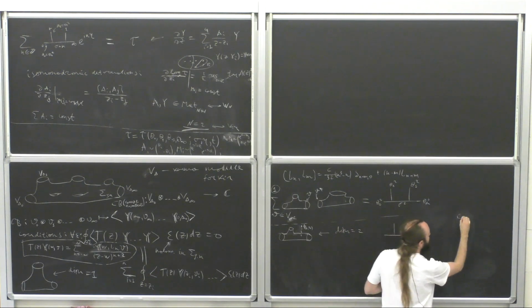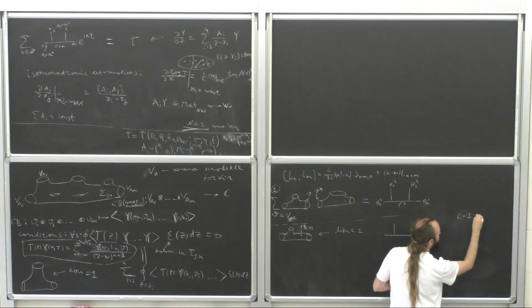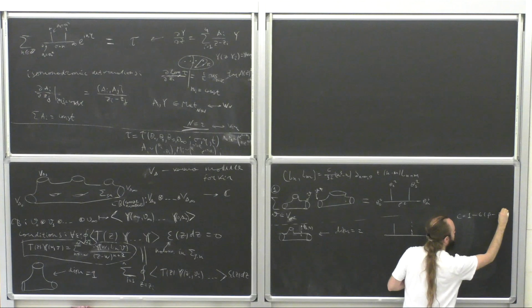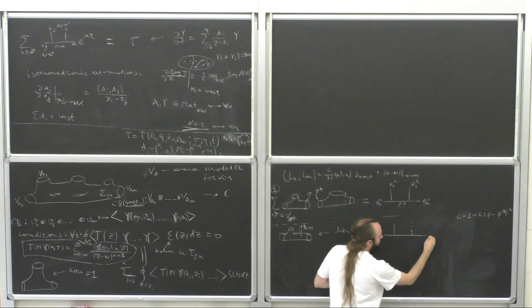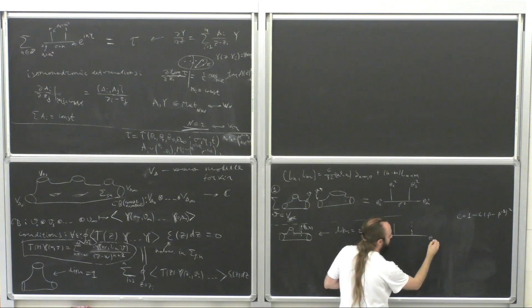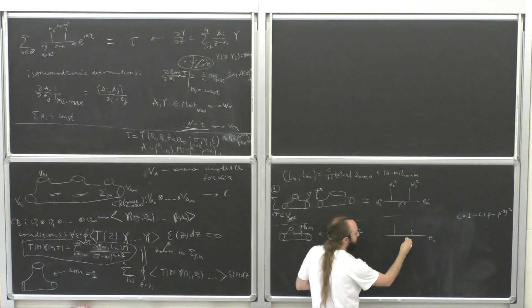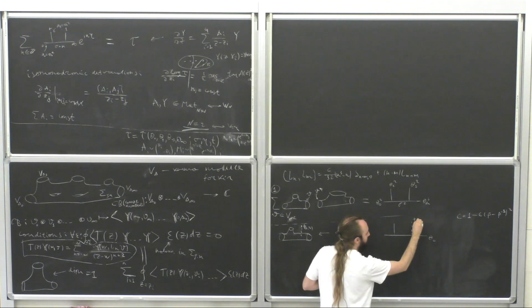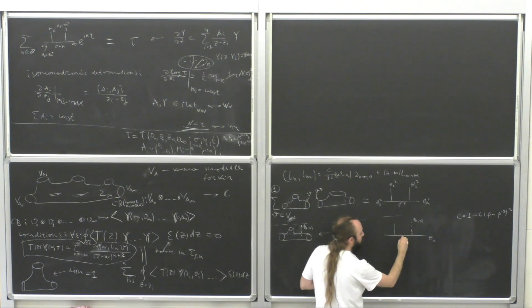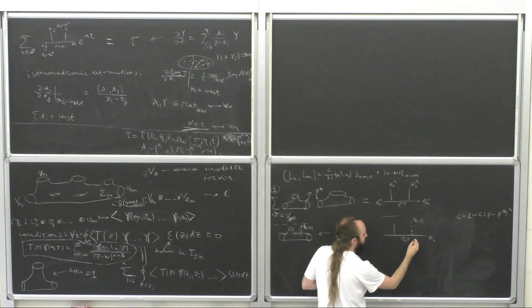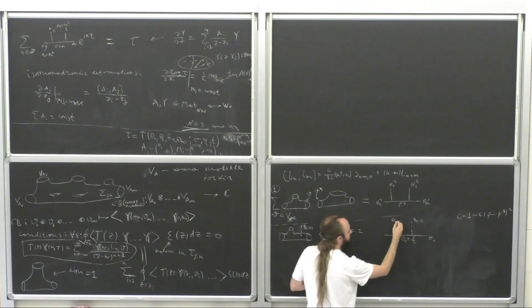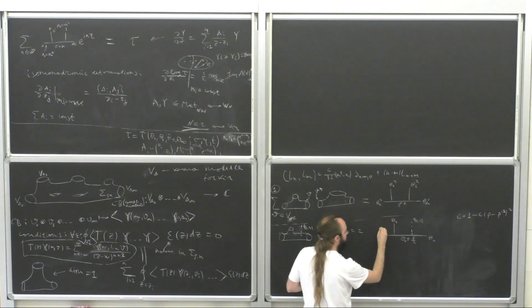So let us introduce some notation for the charge, like this. If we have here some theta 0, then this charge will be theta 0 plus minus beta over 2. This charge will be some theta 1, and this charge will be theta infinity.